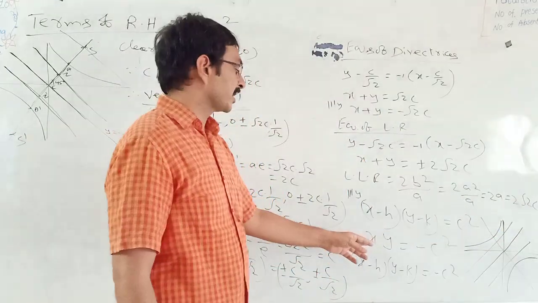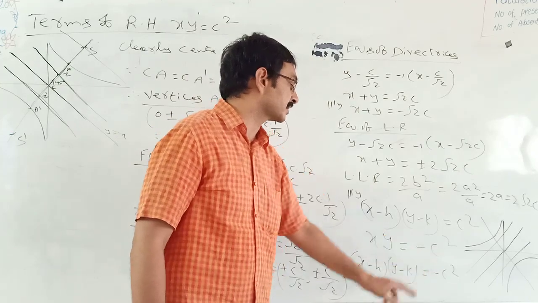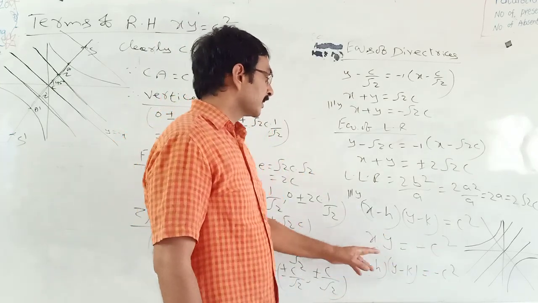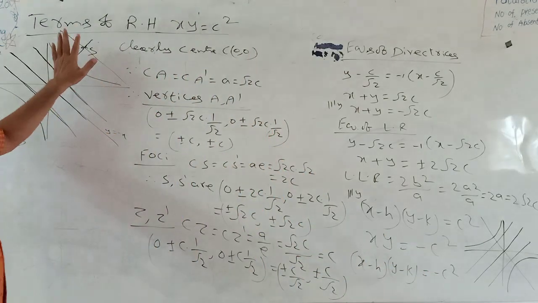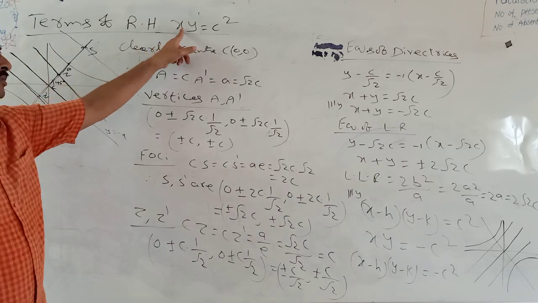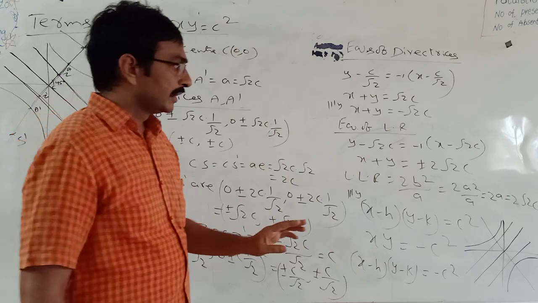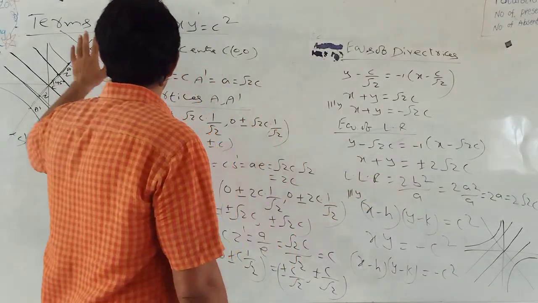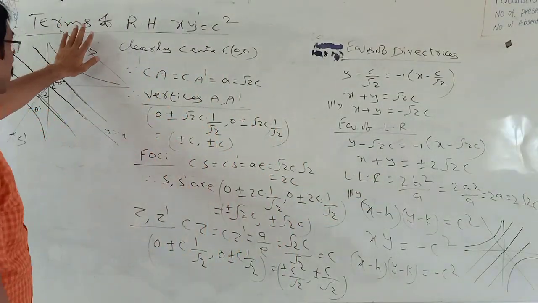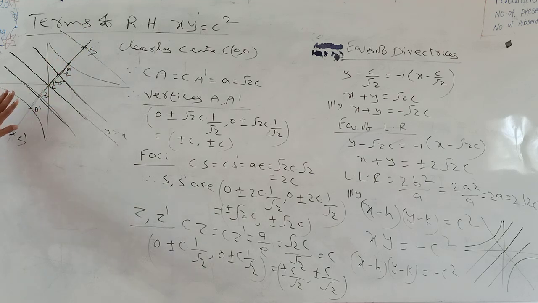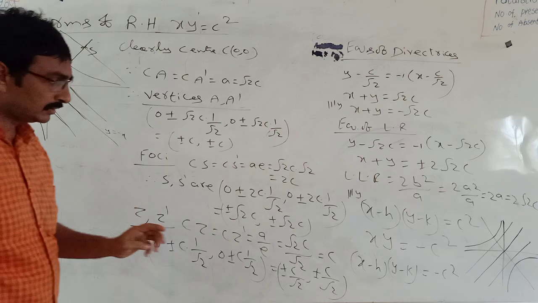Next, see the terms of xy = −c². Clear? The figure xy = c² lies in the first quadrant and third quadrant. Therefore, the signs of the coordinates of points in the first quadrant are plus plus, and in the third quadrant minus minus.